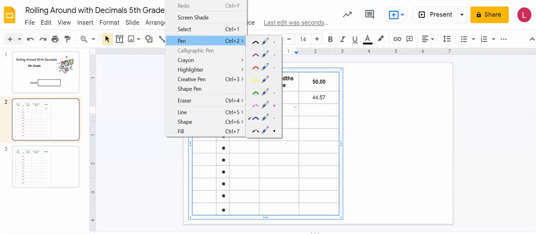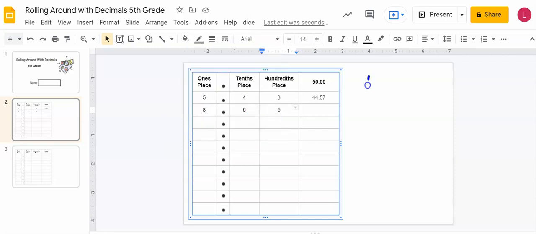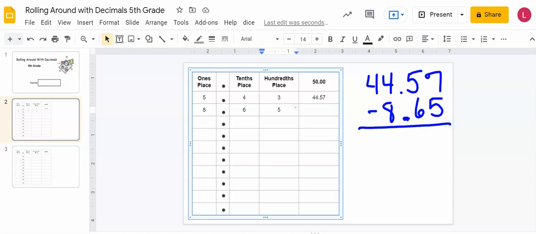So I have 44 and 57 hundredths, and I'm going to subtract 8 and 65 hundredths. So let's do a little estimating here. Gotta make sure that looks like a decimal point.